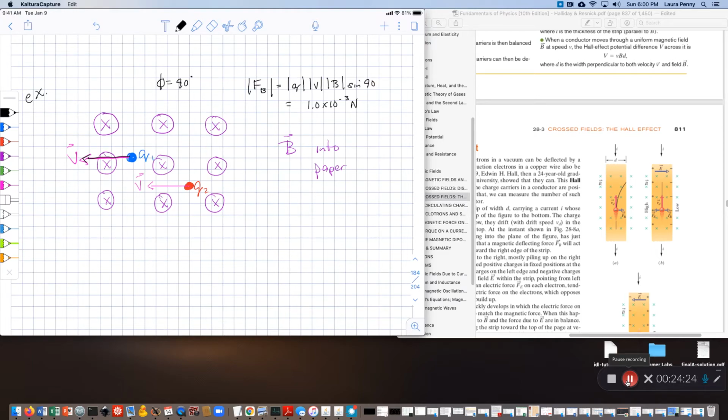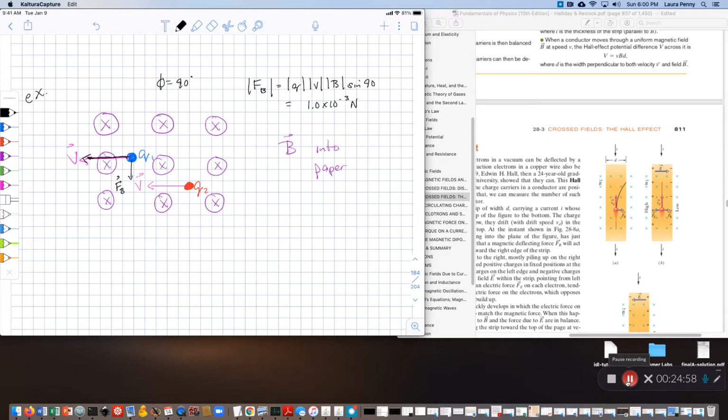If I put my fingers along this velocity line for my positive charge, and then I turn my hand so that my fingers go into the screen with the magnetic field, then what I see is that my thumb points down for the magnetic force on this positive charge particle.